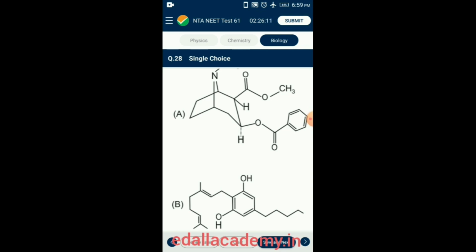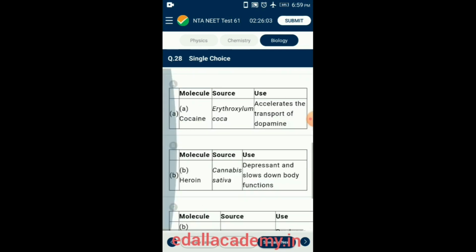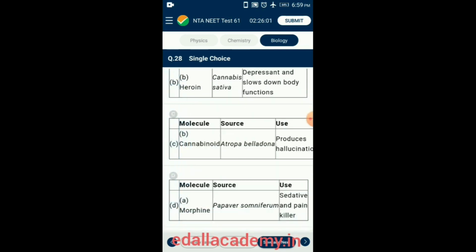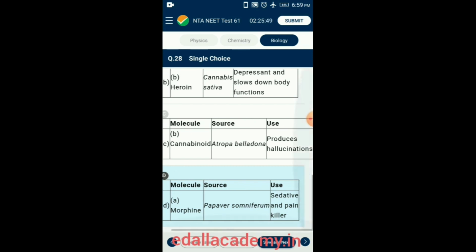These are known for their effects on cardiovascular system of the body. So the correct option is option D. A represented as morphine, its source is Papaver somniferum, use, sedative and painkiller.